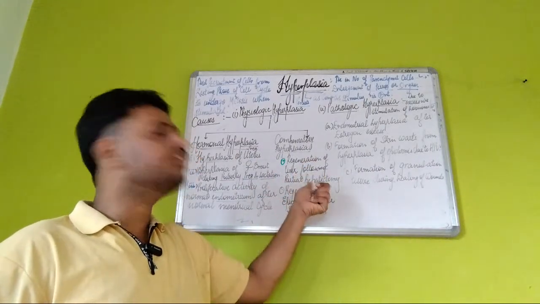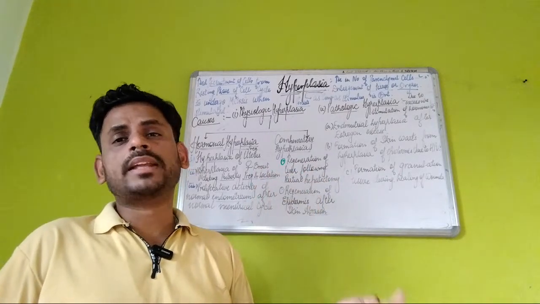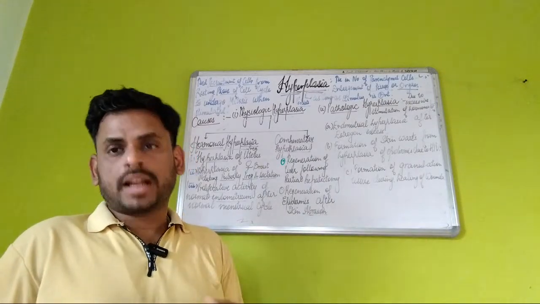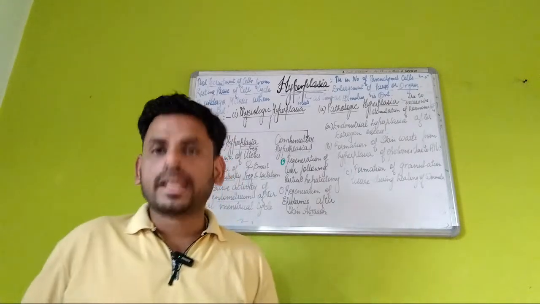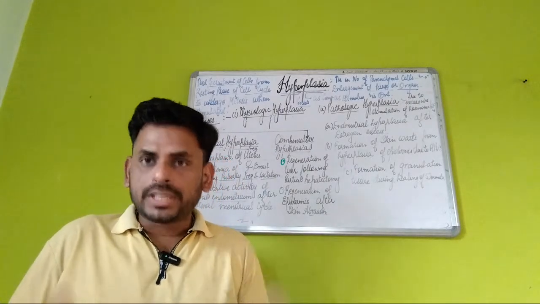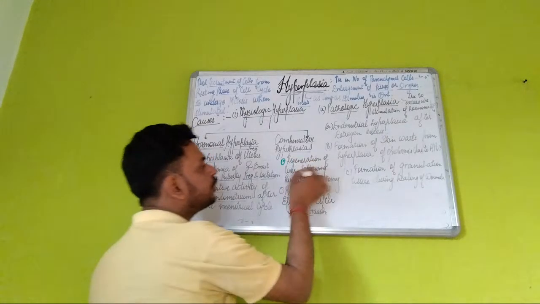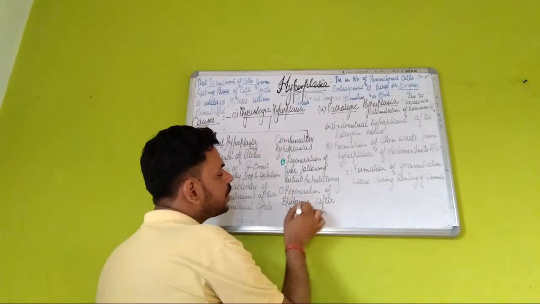Due to certain medical conditions, if a certain portion of the liver is to be cut off, it is mostly seen that the liver cells have the potential ability to regenerate. So that is the regeneration of the liver following partial hepatectomy.